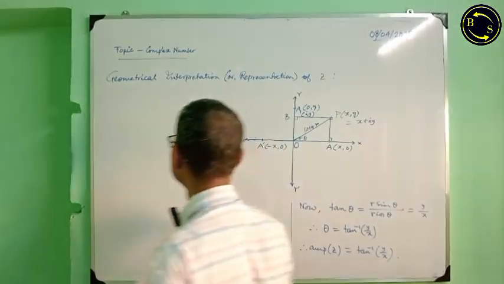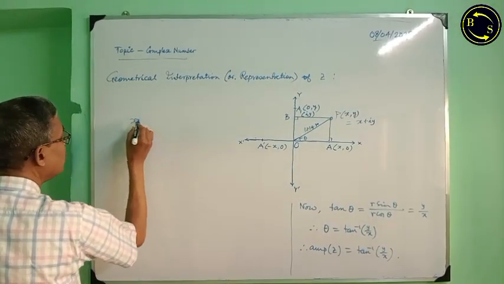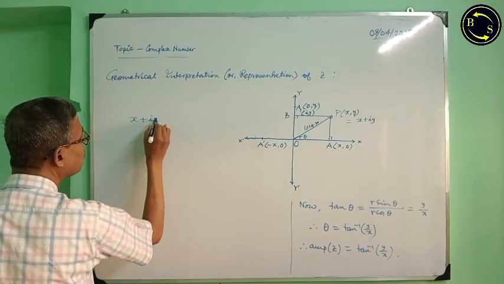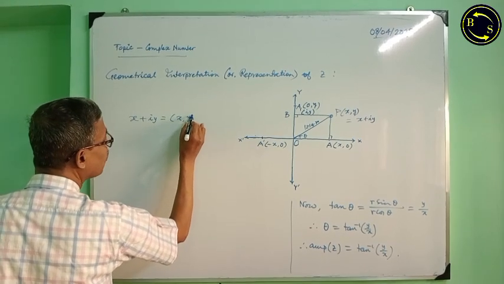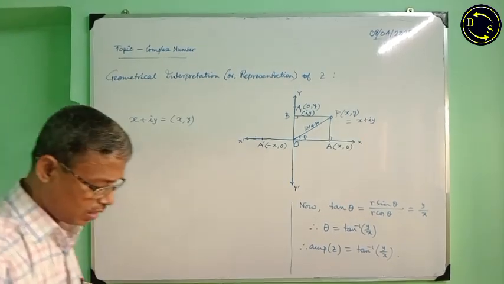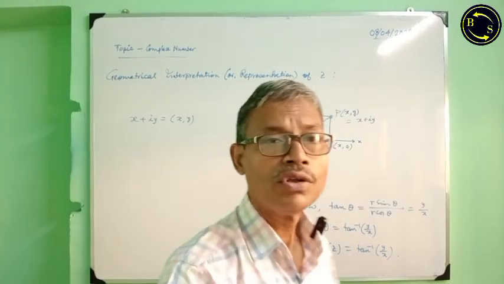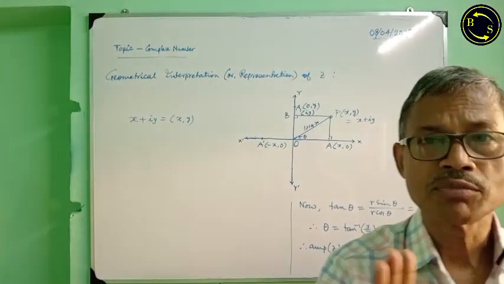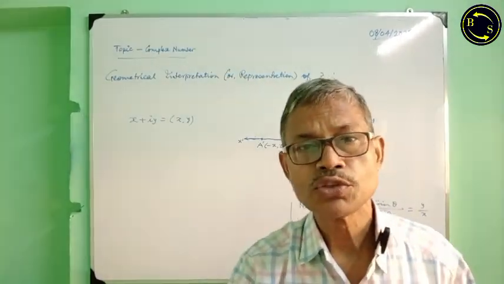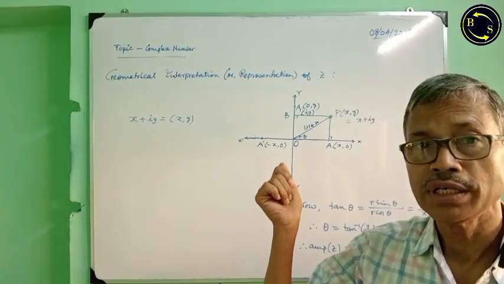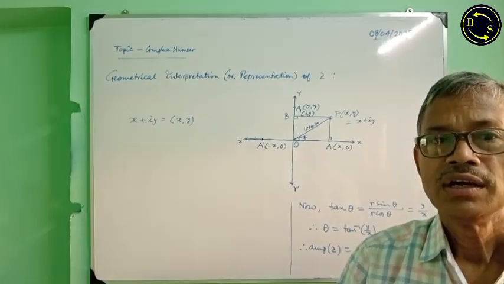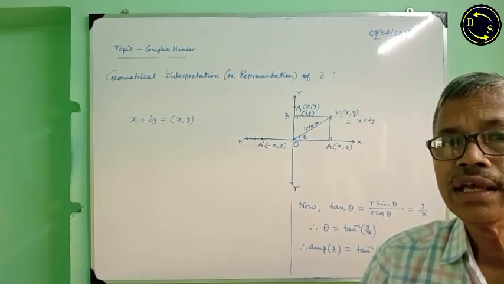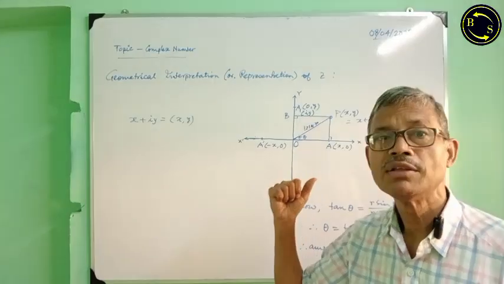That means you write x plus iy as (x, y) form. Then you note the location or position of the point, in which quadrant (x, y) lies. Accordingly, you are to determine the amplitude.